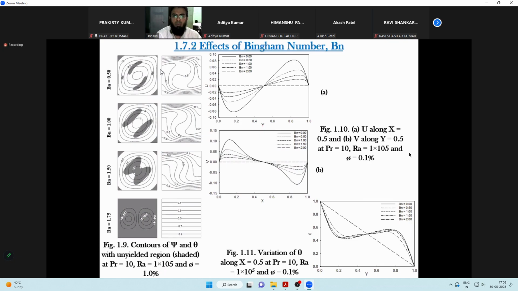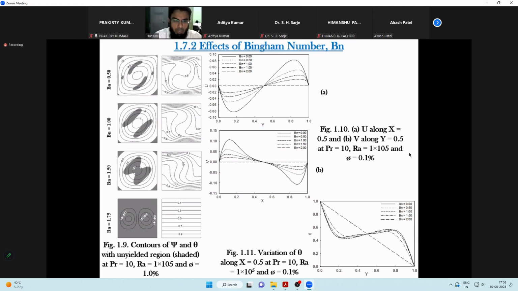I have come to showcase the effect of Bingham number. You can see that at lower Bingham number, at the top of figure 1.9, the shaded dark color part, which is representing the unyielded region, is small. If you increase the Bingham number, the unyielded part increases.